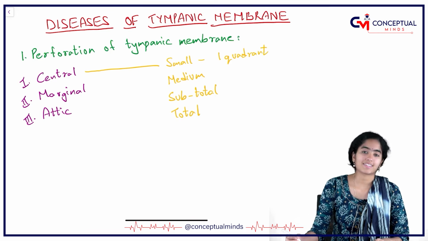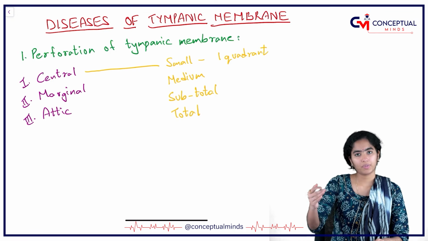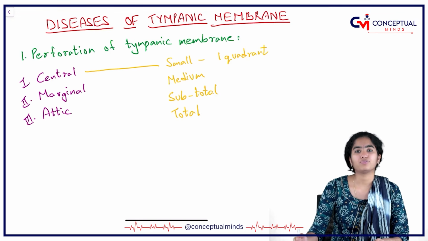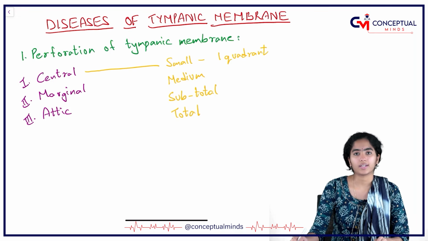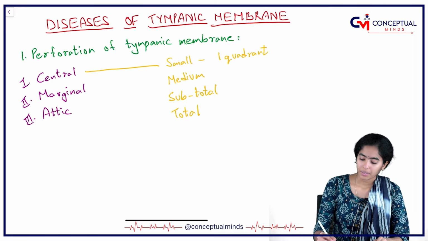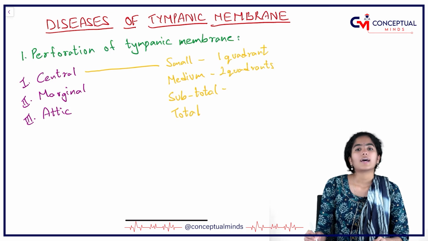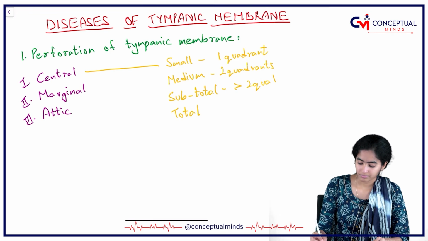Now the pars tensa part of tympanic membrane can be divided into four quadrants as you all know: antero-superior, antero-inferior, posterior-superior and posterior-inferior. Now if the perforation involves only one quadrant, I can call it small. Medium involves two quadrants. Subtotal is more than two quadrants.